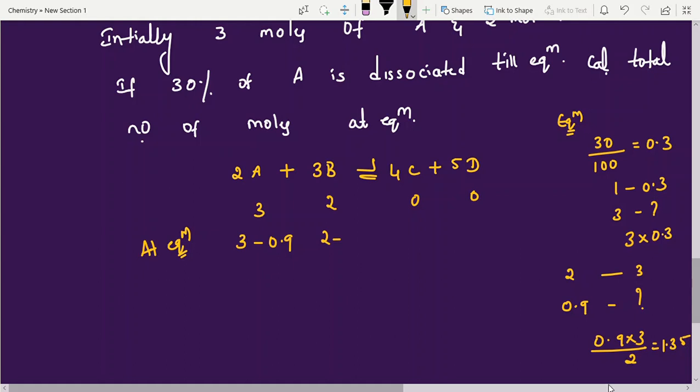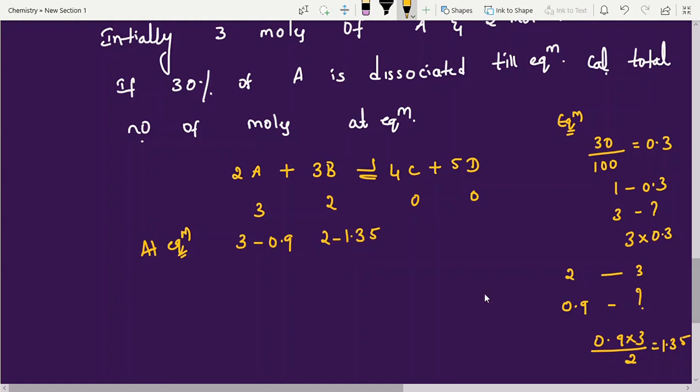Check it. 3 moles means 0.9 disappeared, but 2 moles means how much? 1.35. Like that we have to take it.